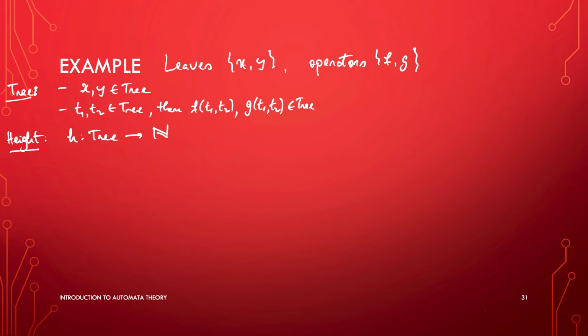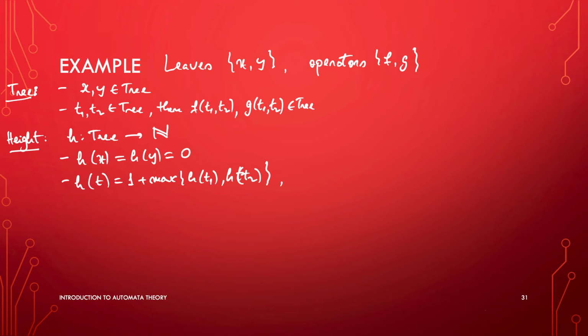And it was defined inductively following the structure of the set of binary trees, and we said that h of x and h of y are both defined to be equal to 0, and then the height of a composite tree was 1 plus the maximum between h of t1 and h of t2, if this tree was either f of t1, t2 or g of t1, t2.